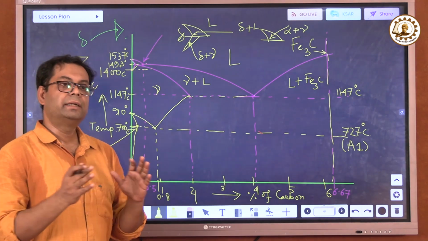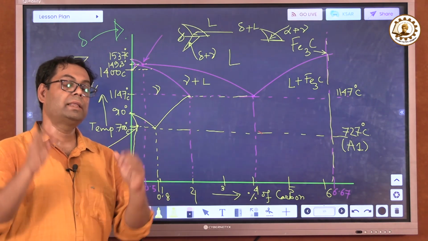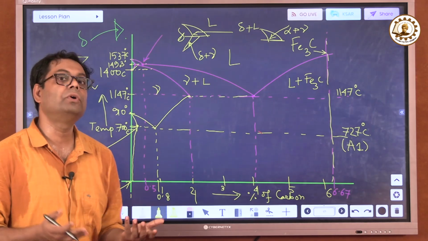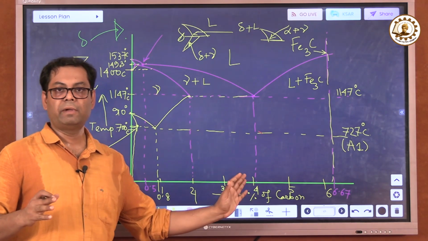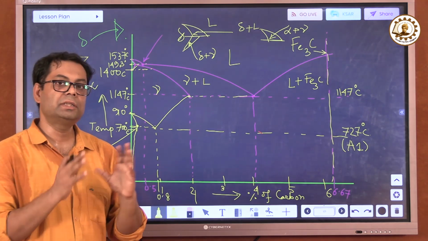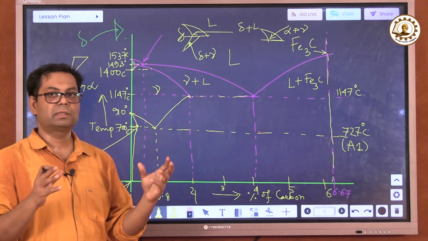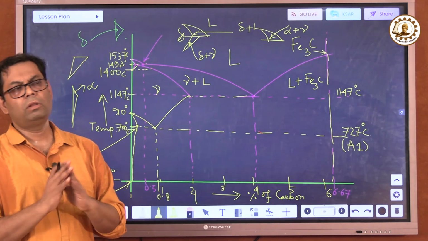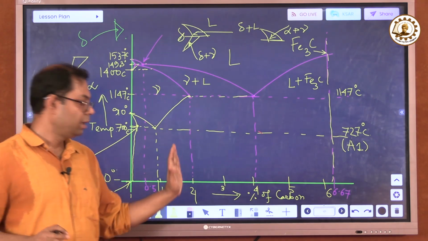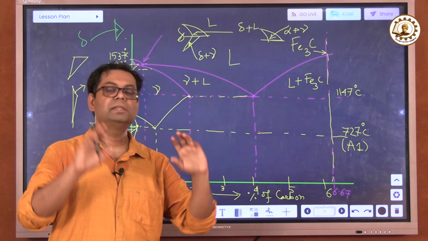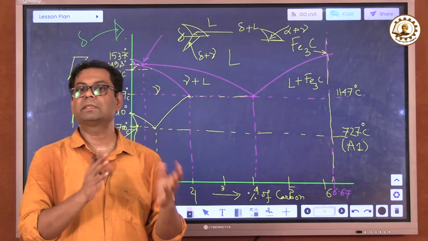Yes, technically you can call it cast iron, but industrially it is of no use. From 2% to 4% we can control and modify the internal morphology, structure, grain boundary, grain size, and all the heat treatment processes, so we have 100% control there. This type of material is called cast iron.